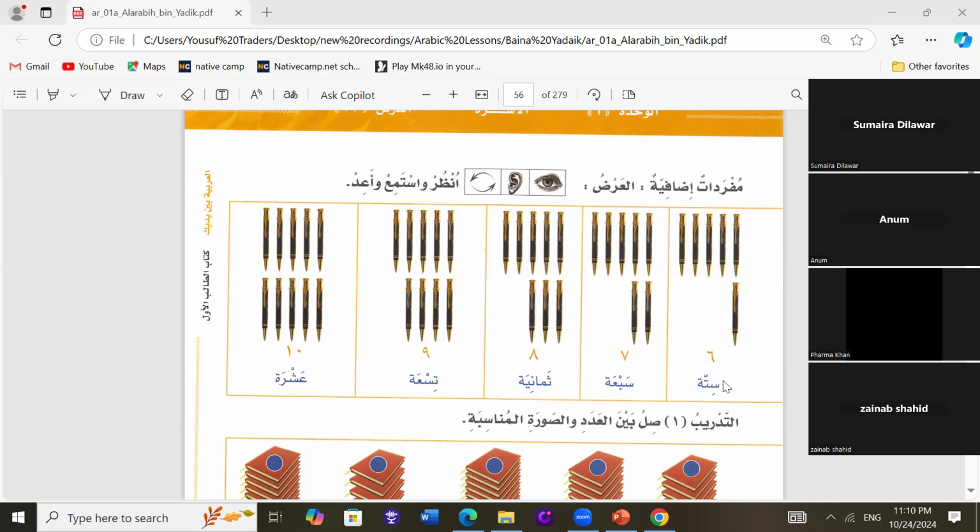After 10, we will move on. I will tell you more about the numbers, and explain the rules and regulations later. Right now, it is sitta, 6, sab'a, 7, thamaniya, 8, tis'a, 9, ashara, 10.